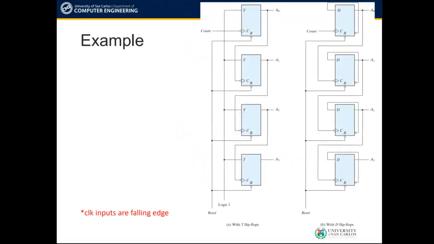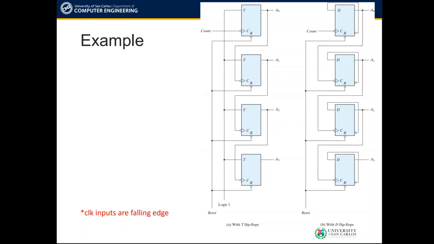Basically it will be the same output scenario but with different settings for your D flip-flop, since the operation of your D flip-flop isn't toggle but set-reset. So you have to analyze what will be the inputs and outputs of your D flip-flop.